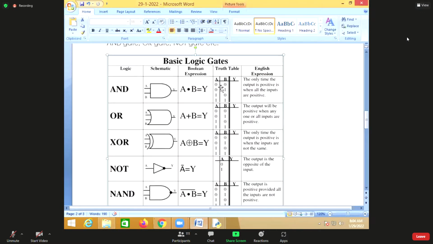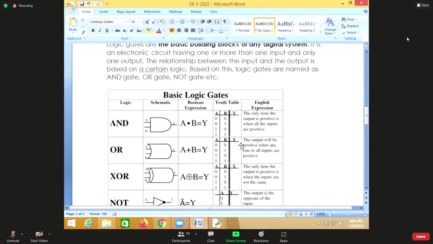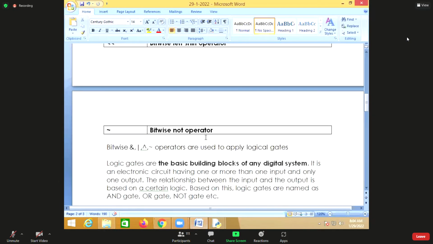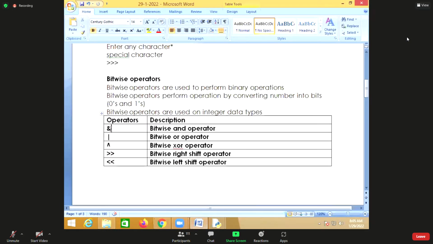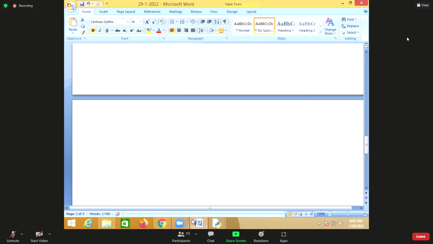Okay, let us see this AND gate. You can apply the AND gate by using which operator? Ampersand. Ampersand is called the bitwise AND operator.